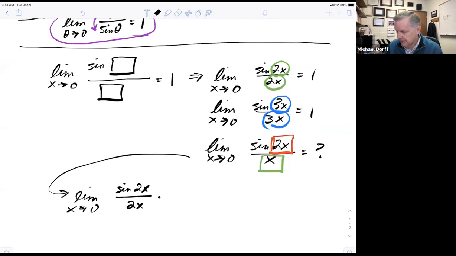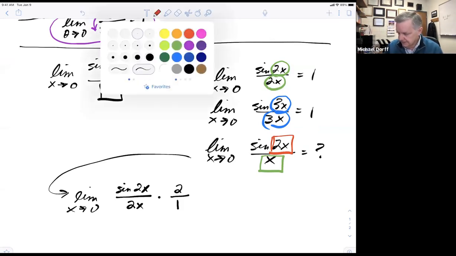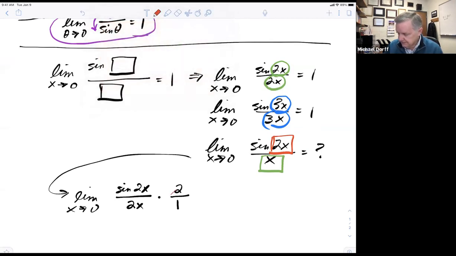Well, I do that by multiplying the top by a 2 and the bottom by a 1. If I now simplify this, these 2's would cancel out, and I would have the limit as x goes to 0 of sine of 2x over x, which is what I had up here.